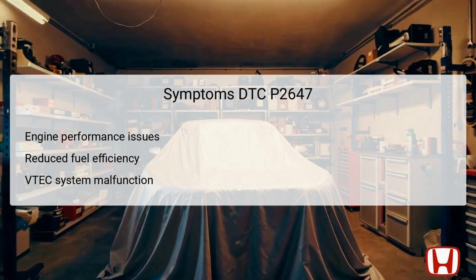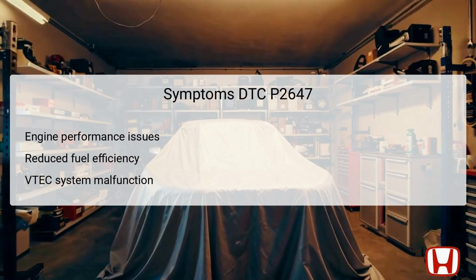Drivers experiencing DTC P2647 may notice several symptoms tied to the VTEC system's functionality. One common symptom is engine performance issues, where the engine may not operate as smoothly or efficiently as designed, particularly under load. Additionally, reduced fuel efficiency is often reported, as the engine may not be optimizing fuel consumption due to incorrect timing adjustments.